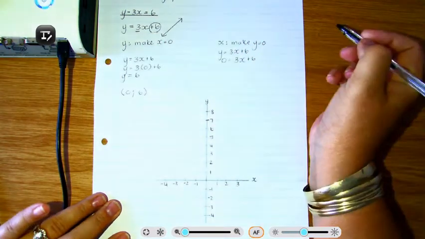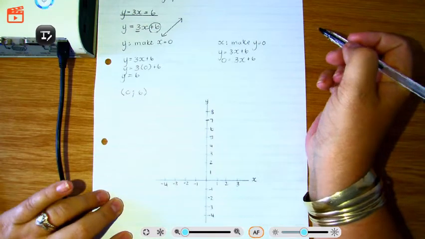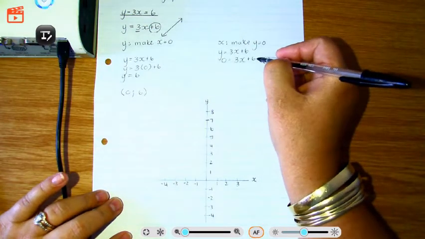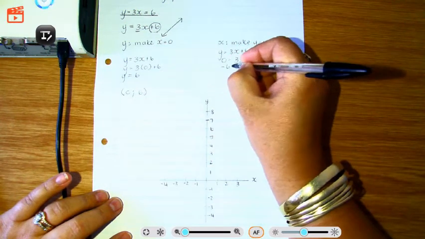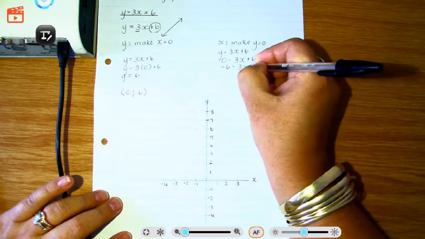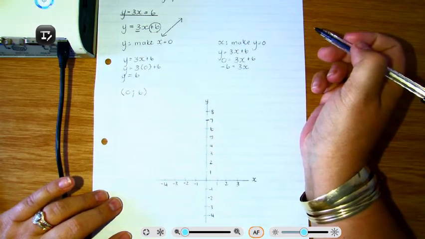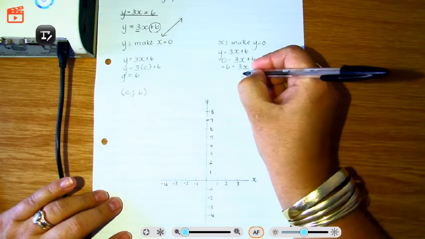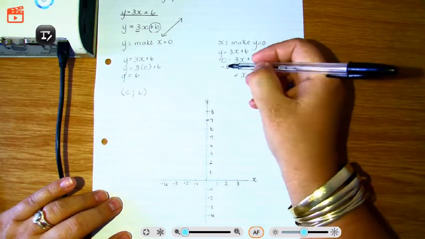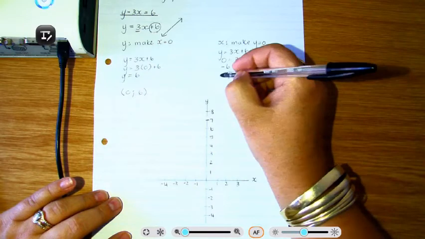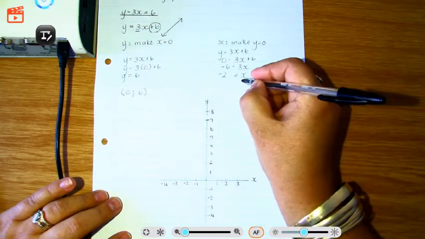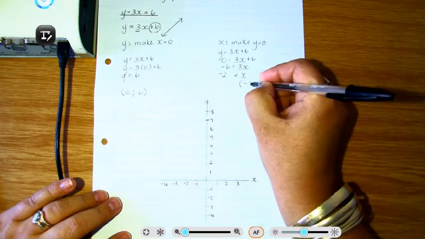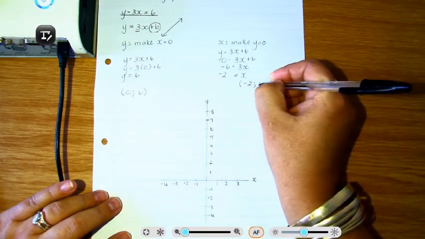And the goal now is to get x alone. So that positive 6 I'm going to get rid of by subtracting 6 from both sides. So I get negative 6 is equal to 3x. And now to get x alone, I divide both sides by 3. So I get x is equal to negative 6 divided by 3, which gives me negative 2. So my second coordinate would be the x value is negative 2 and the y value is 0.